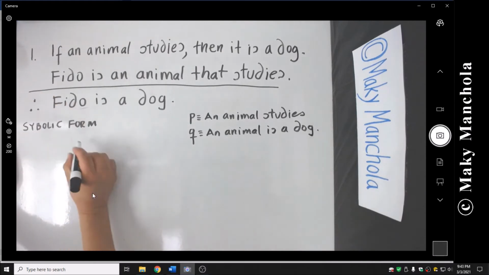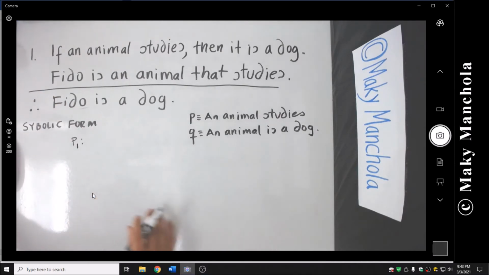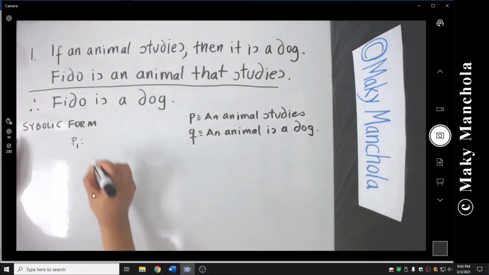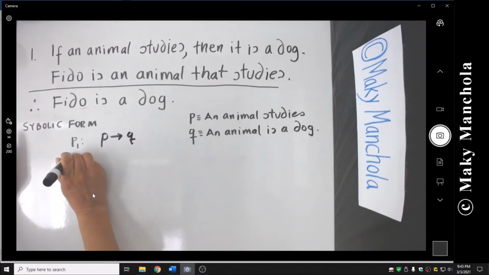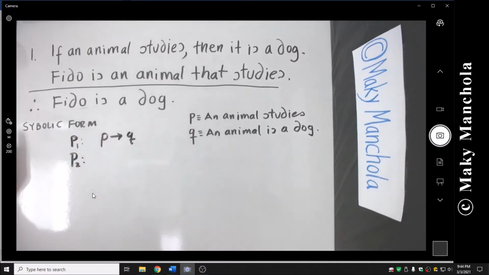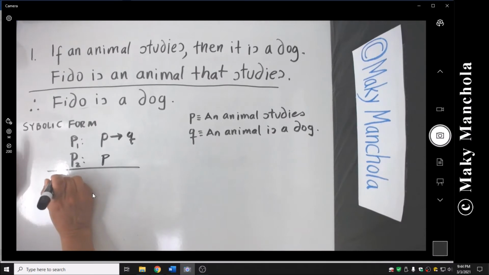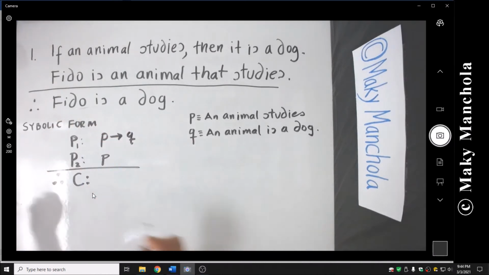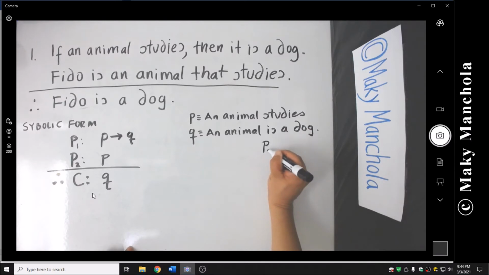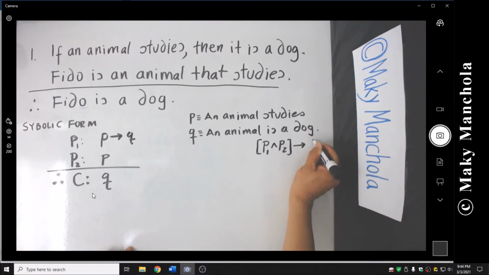So here is our symbolic form. Premise 1 has the form P implies Q. Premise 2 has the form P. Fido is an animal that studies is a case of P. Therefore, conclusion happens to be Fido is a dog, which is a case of Q. Next, we form the conjunction of the premises implies the conclusion: premise 1 and premise 2 implies the conclusion.